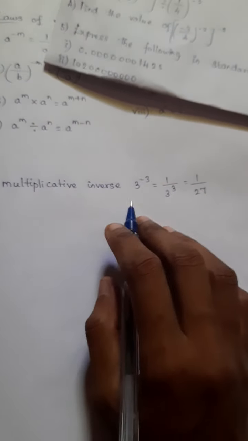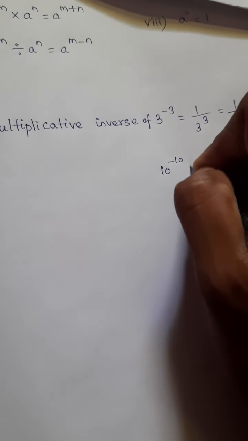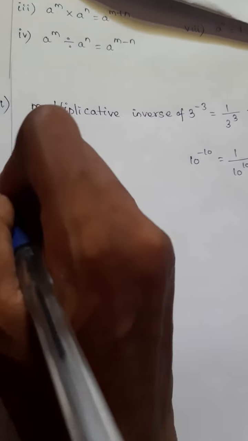This is the multiplicative inverse of 3 power minus 3. Similarly, the multiplicative inverse of 10 power minus 10 is 1 by 10 power 10. We don't know the value of 10 power 10, so just leave it as it is. Okay, this is the first sum.